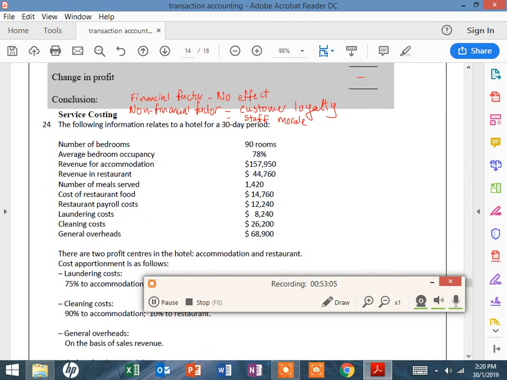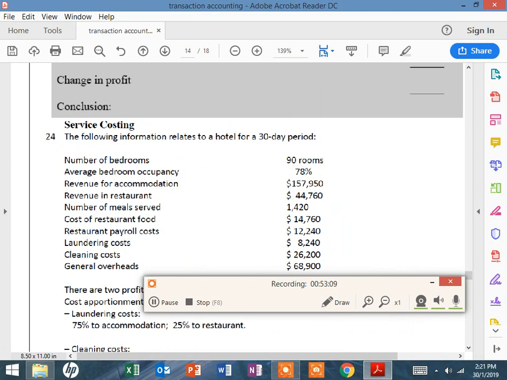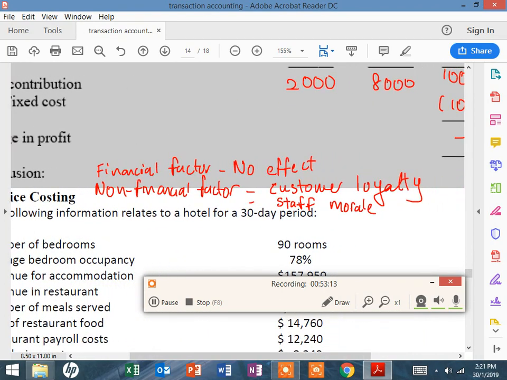Financial factor, no effect. Non-financial factor, we may have to consider customer loyalty. We may consider staff morale.